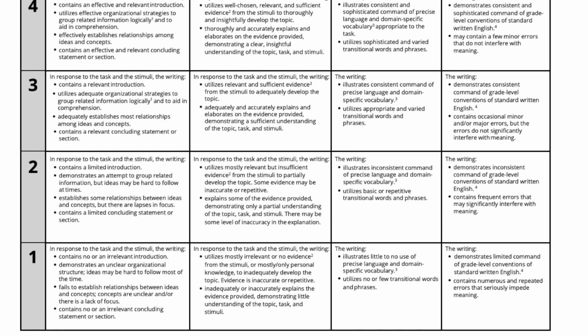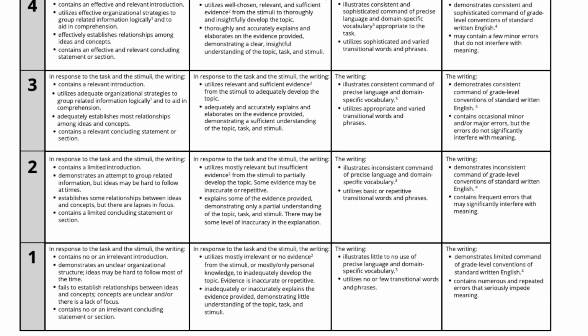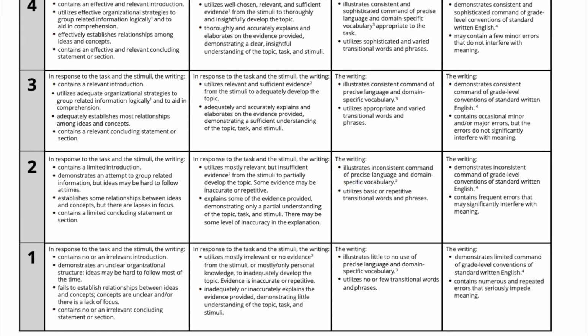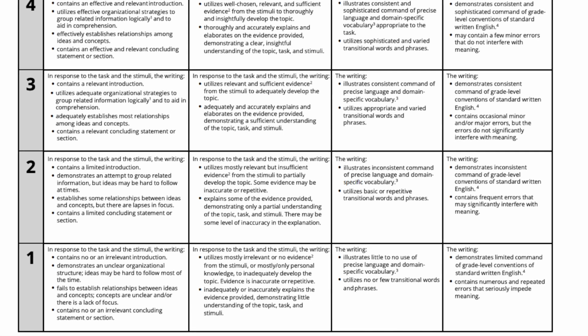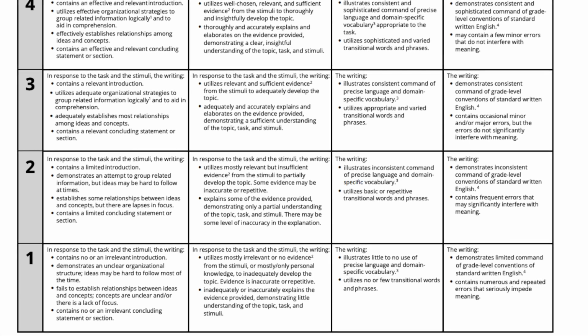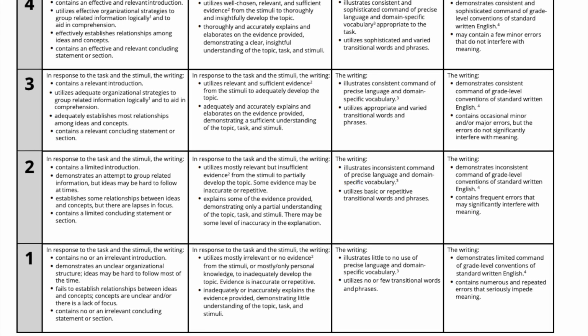For focus and organization, that means are you on topic and is your writing organized? So, it says in response to the task and the stimuli, the writing contains an effective and relevant introduction, utilizes effective organizational strategies to group related information logically and to aid in comprehension, effectively establishes relationships among ideas and concepts, and contains an effective and relevant concluding statement or section.